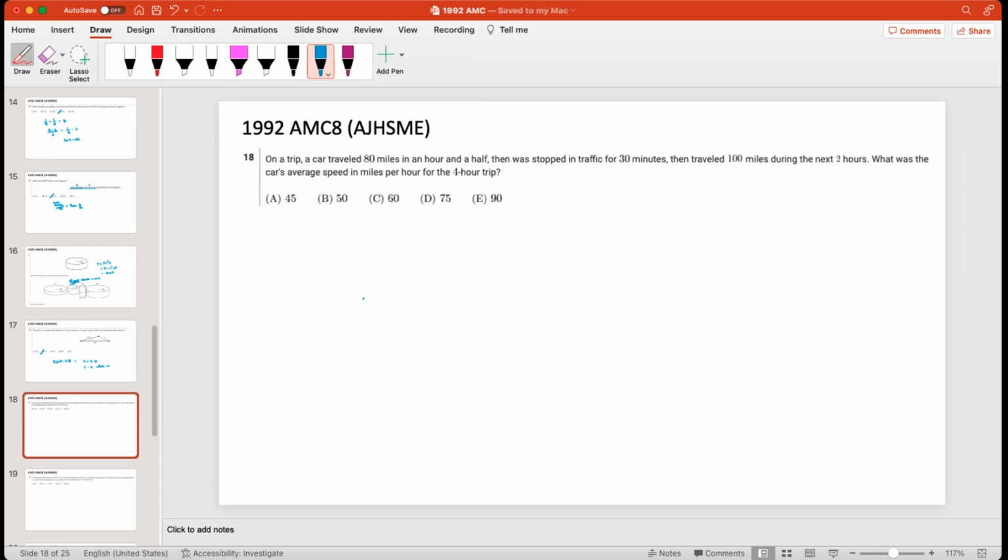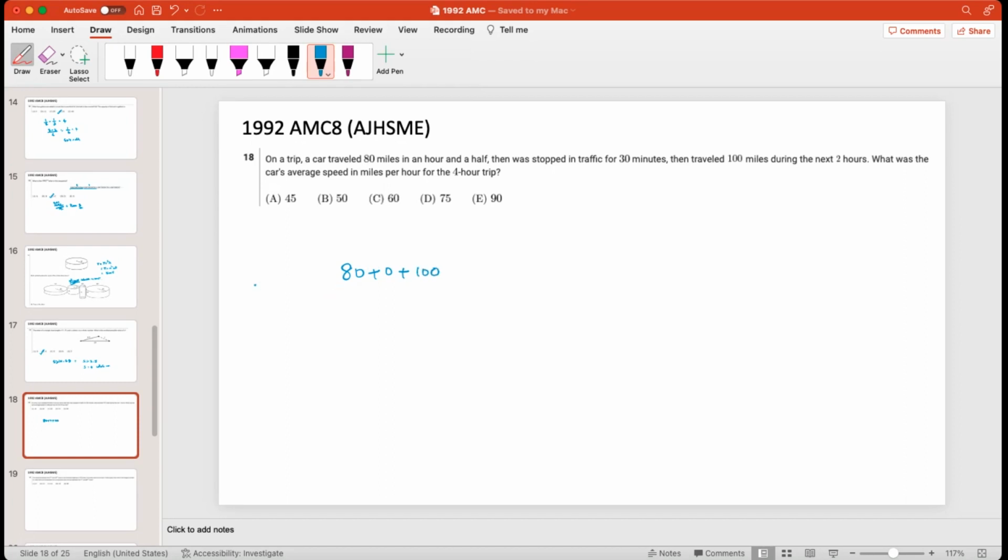On a trip, a car traveled 80 miles in an hour and a half, then was stopped in traffic for 30 minutes, then traveled 100 miles during the next 2 hours. What was the car's average speed in miles per hour for the 4-hour trip? So we have 80 miles, then he stopped in traffic, so that's 0. Then we have 100 miles.